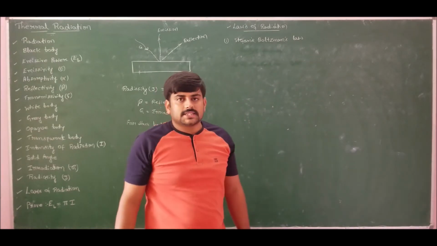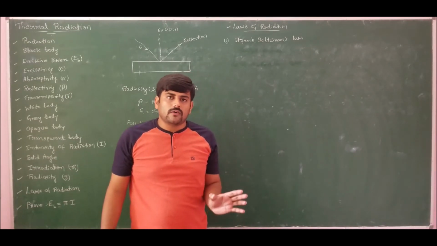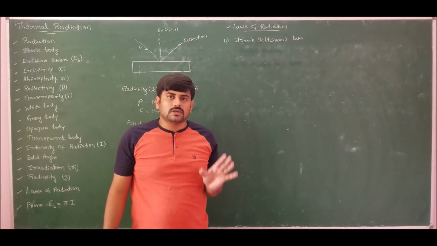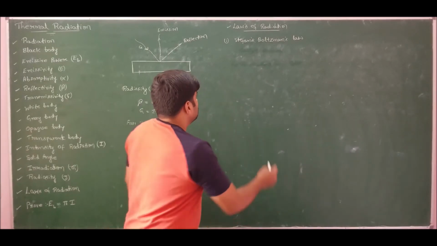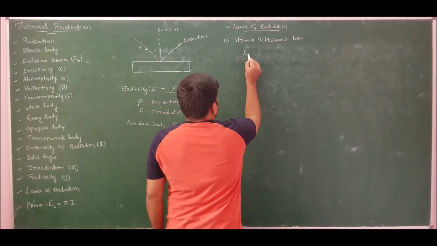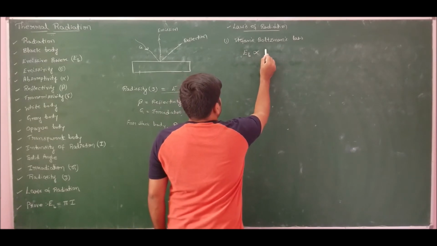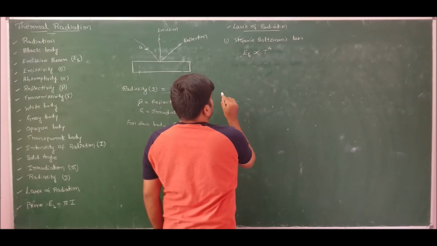Stefan-Boltzmann's law of radiation states that the emissive power of a black body is directly proportional to the fourth power of its absolute temperature.